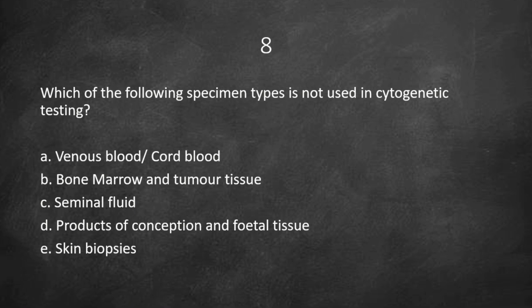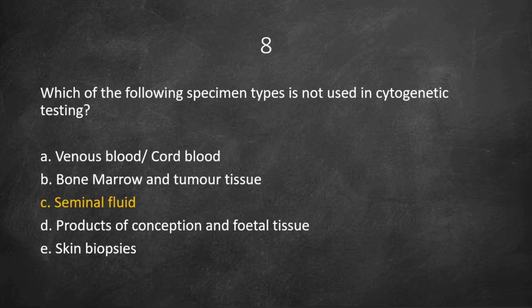So that one too applies here. Then if you take option C here, seminal fluid. In seminal fluid, we typically do not assay for that purpose or in cytogenic testing. So our answer here will be seminal fluid.